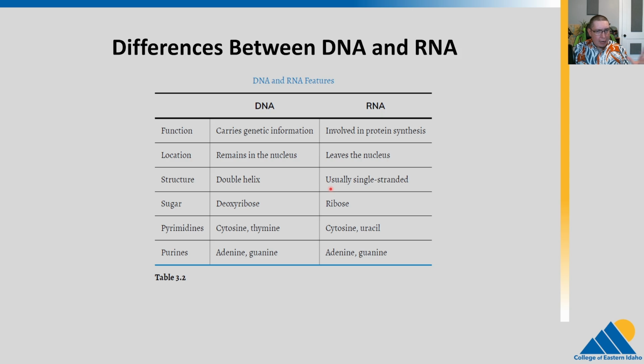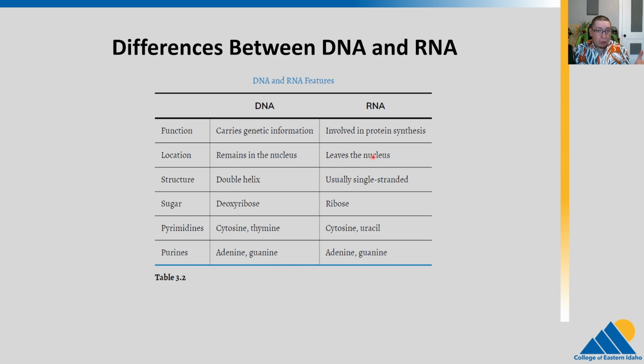So if you need a handy quick guide between these two things, DNA and RNA: DNA carries the genetic information. RNA is involved in protein synthesis and gene expression. In eukaryotes, DNA is located in the nucleus. It does not leave there.